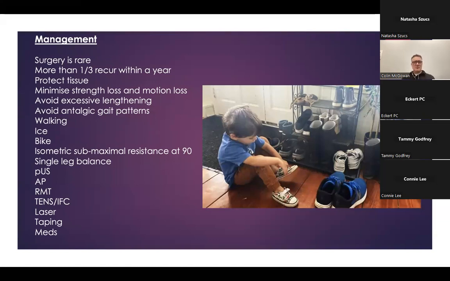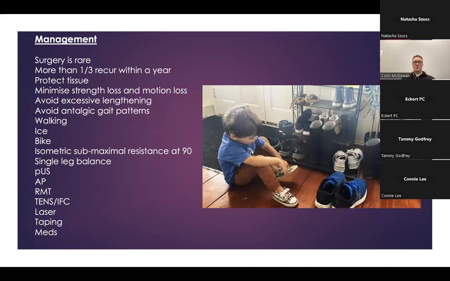Now, management surgery is rare, and more than a third of people who do get a hamstring strain will do it again within the year. And so you really want to protect the tissue, minimize strength loss. So keep using it, even if all you're doing is walking. Minimize motion loss. And you're not stretching, but you're maintaining a range of motion, keeping it out of pain.